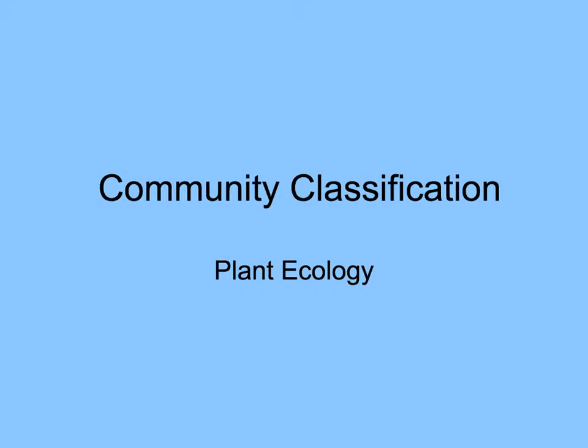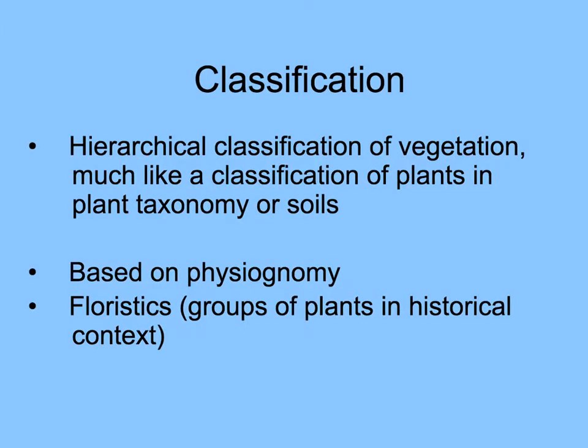So there are plenty of ways people have used over the years to classify communities, and recently they've become national and international standards. We'll look at some of those. Just like we classify plants by their characteristics that help us decide which are related to which others, and more lately by DNA analysis, or soils, we classify them based on their origins and similarities.